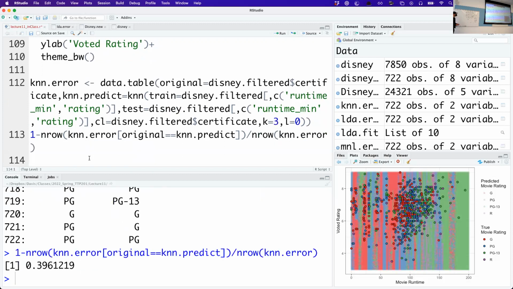Okay. So our KNN, even non-optimized, since I just chose 3 randomly, has a 39% error compared to a 58% error. So in this case, it's doing a lot better.